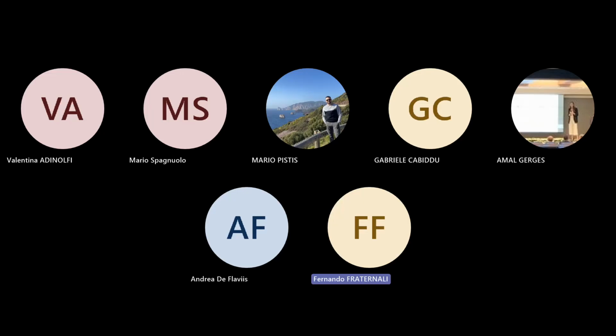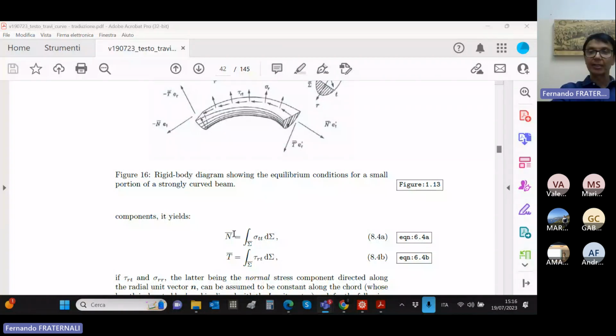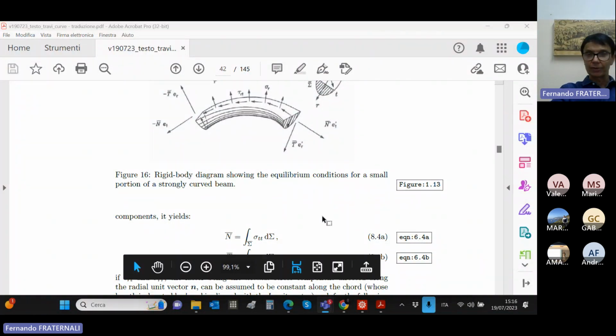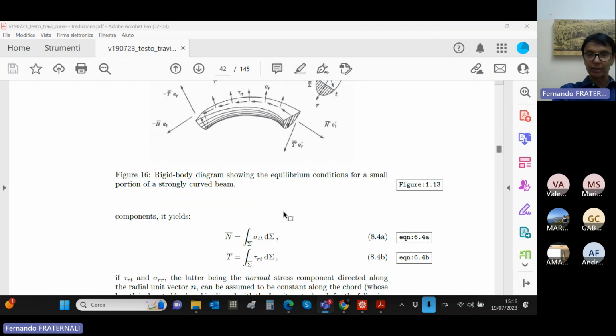The boundary value problem of planar beams, also some special cases for circular arches, for example, but with moderately large curvature.